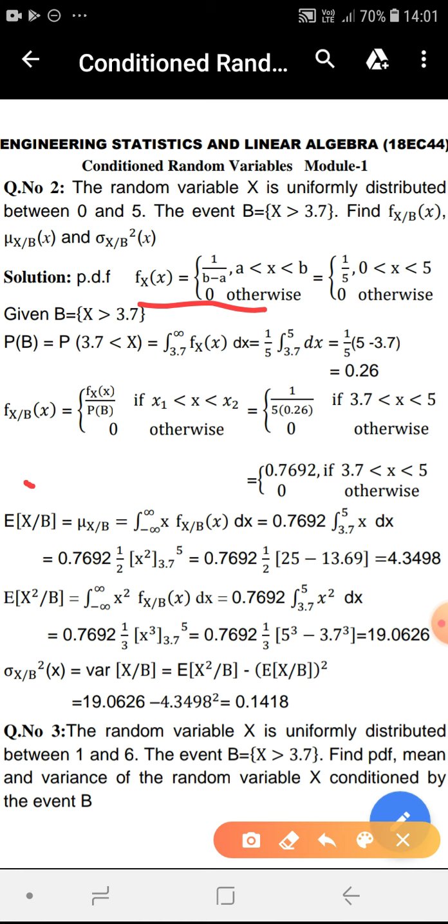So here a is 0 and b is 5. So the PDF for the uniformly distributed random variable x between 0 and 5 is equal to 1 by 5 for x values between 0 and 5 and 0 otherwise.